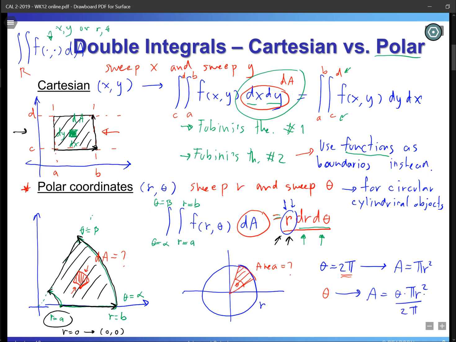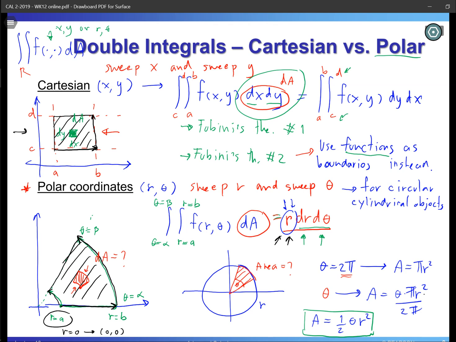So here we have this cancel. So we have a right here equal to 1 over 2 theta r squared. So we have this formula to find the area of this piece. Any theta you can put in here and you can get this area out. And as you can see, if you put 2 pi, you get the pi r squared out of this formula.